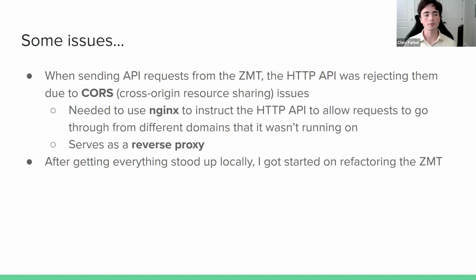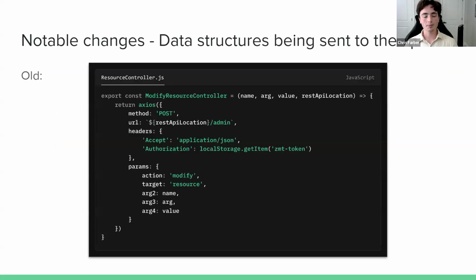And so some of the notable changes, first of all, had to do with the data structures being sent to the API. This is the old way that this was being done, for example, to modify a resource. Really what you want to look at is this params data structure. You can see here we have action, target, and then arg2, arg3, and arg4.